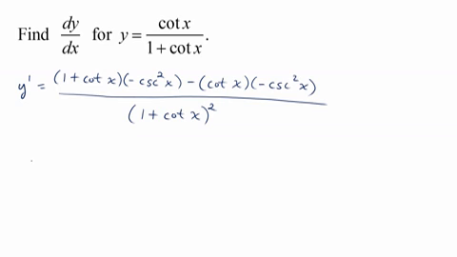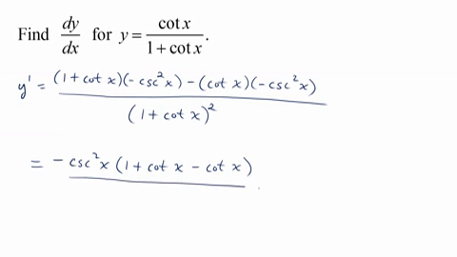Now take a look at our numerator. We can factor out a negative cosecant squared x. So factoring out negative cosecant squared x, we are left with 1 plus cotangent x minus cotangent x, all over denominator squared, or 1 plus cotangent x squared.